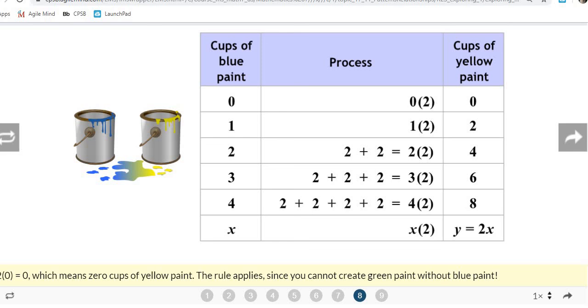How many cups of yellow paint would you have? 0. Can you make green paint? No. You can't make green paint without blue. That is E. We've skipped D for right now. We're on 1E. And it was 0. And you can't make green paint without blue.